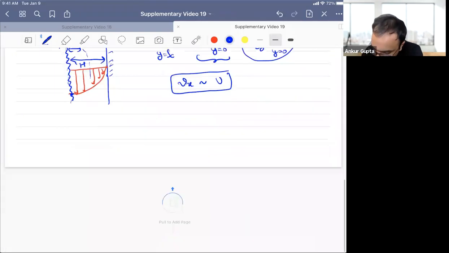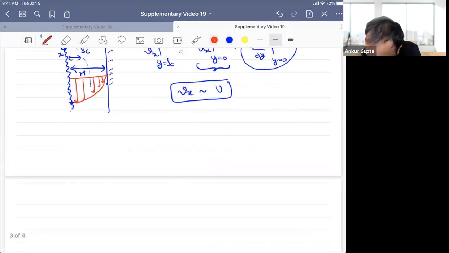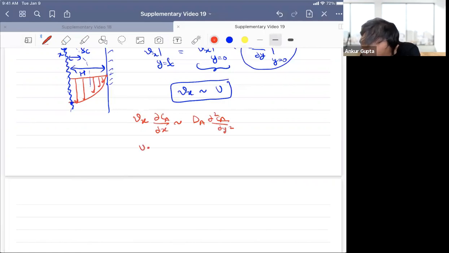And now if we do the same problem, which is to estimate delta C, we will say Vx times delta C by x. Let me just clarify what I'm trying to say. You remember that this is also true here, D del squared C A by del y squared. So in this case, U delta C by x scales as D A delta C by delta C squared.